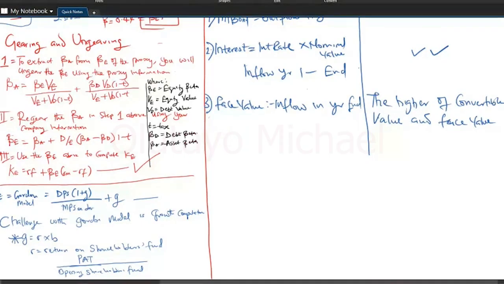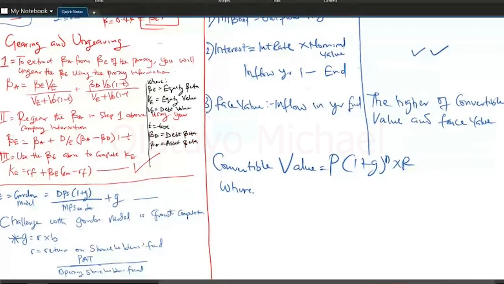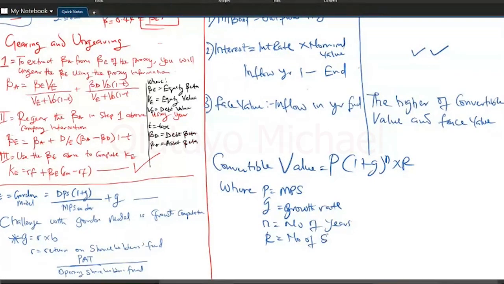Very simple and straightforward. Convertible value is P(1 + G)^n times R, where P is market price per share, G is growth rate, n is number of years, and R is number of shares.